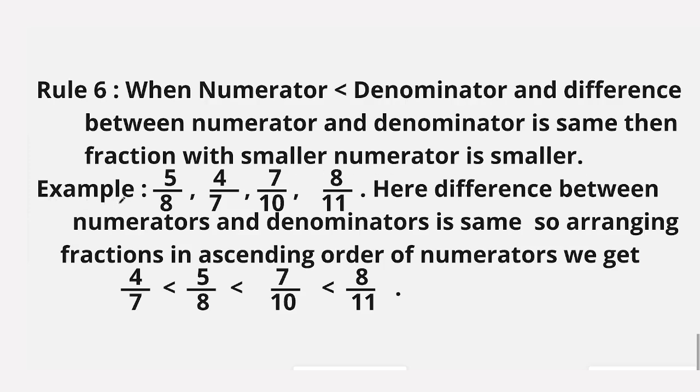The given example is 5 upon 8, 4 upon 7, 7 upon 10, 8 upon 11. Here the difference between numerator and denominator is the same. So arranging fractions in ascending order of numerator, we get 4 upon 7 is less than 5 upon 8 is less than 7 upon 10 is less than 8 upon 11.